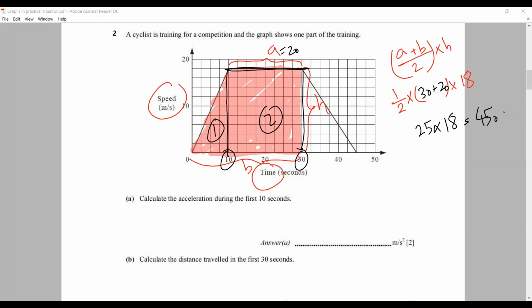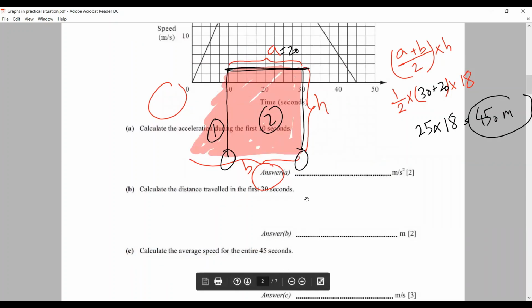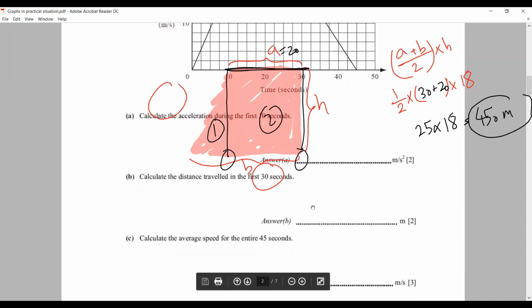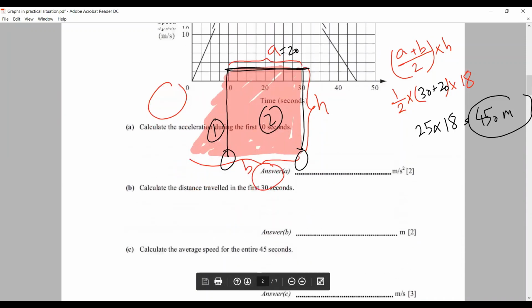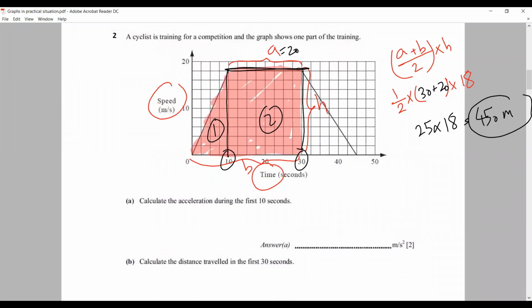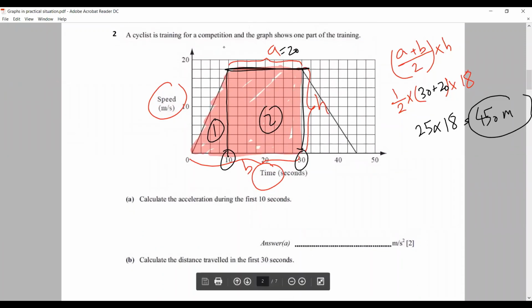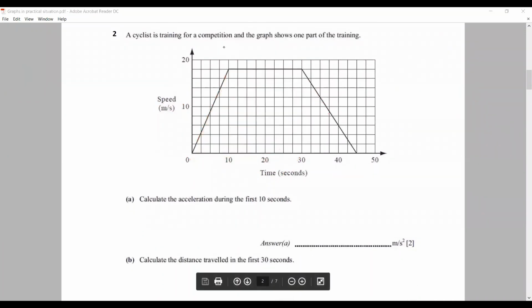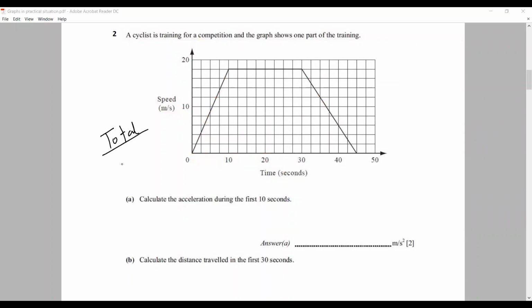Since it's distance, it should be meter, right? Lastly, they're asking us to calculate the average speed for the entire 45 seconds. You should know that average speed is total distance over total time.